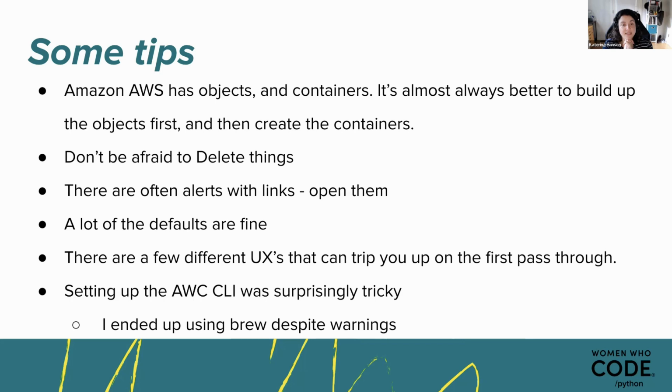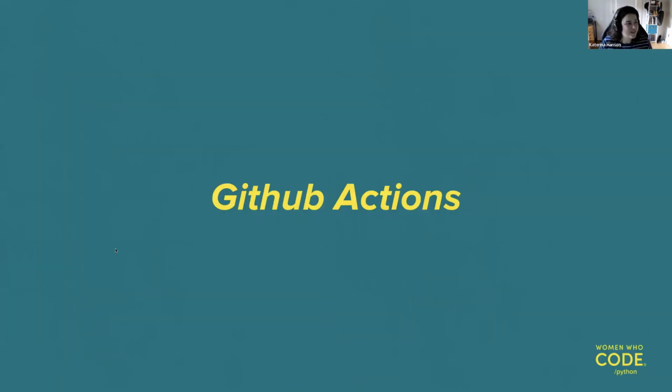And then setting up the AWS CLI was surprisingly tricky. I'm just on a Mac. I tried to follow the directions. It wanted me to do all kinds of things. It specifically said, don't use Homebrew, but I used Homebrew anyway, and it worked just fine. So that was a fun little amount of time spent.